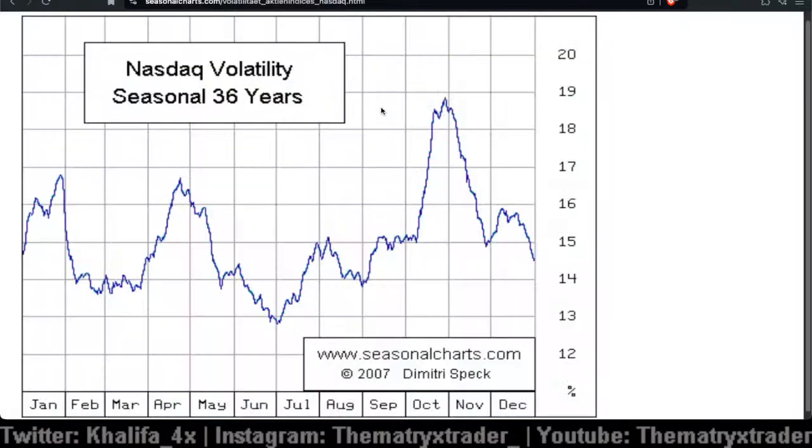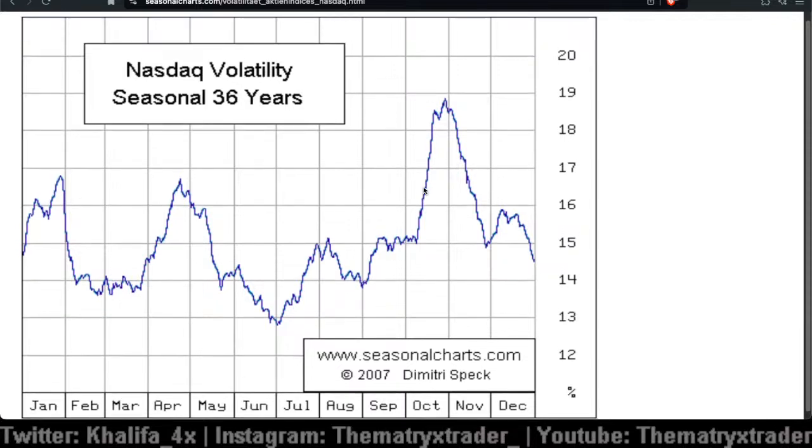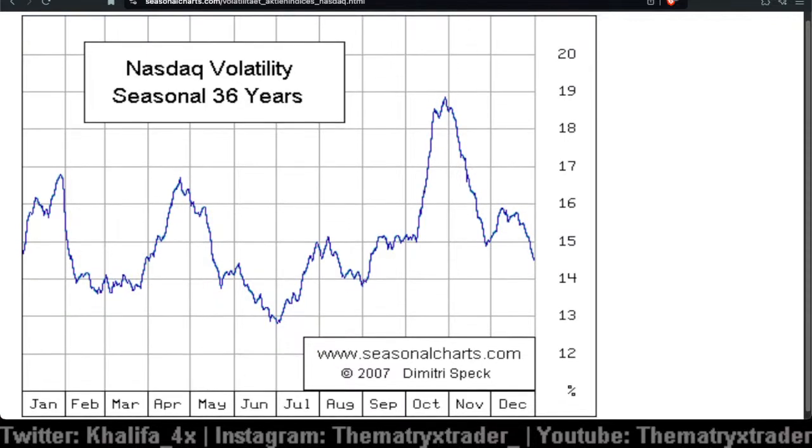So I was telling you about these seasonal tendencies of the Nasdaq. This is the seasonal tendency chart for the Nasdaq, and we are at the end of September. Remember what I told you?